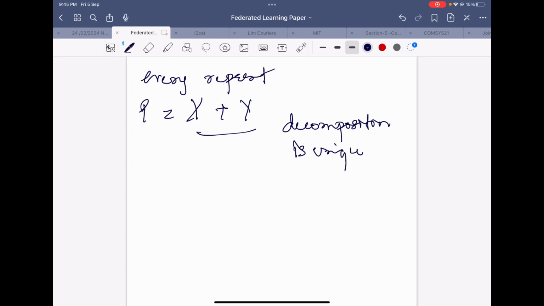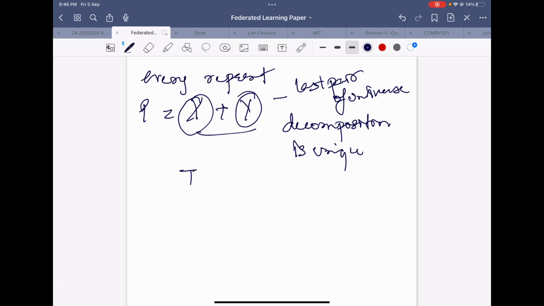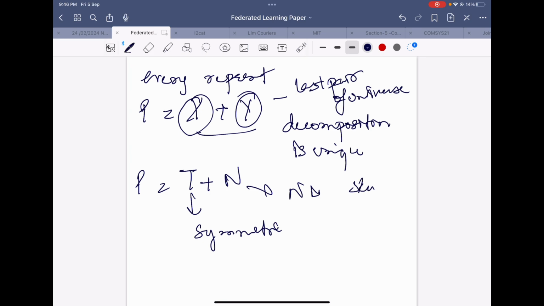This means that this X and Y is the only pair in the universe, or there does not exist any other pair such that X1 plus Y1 is equal to P. Let's assume that there exists another pair of matrices T and N such that T is symmetric and N is skew symmetric, which means then X plus Y is equal to T plus N, right?